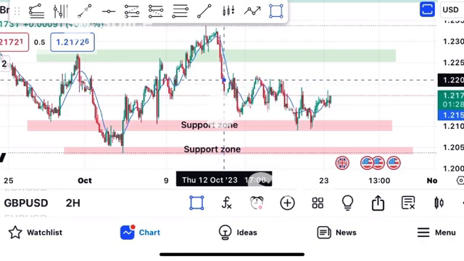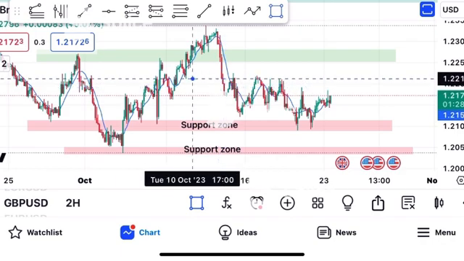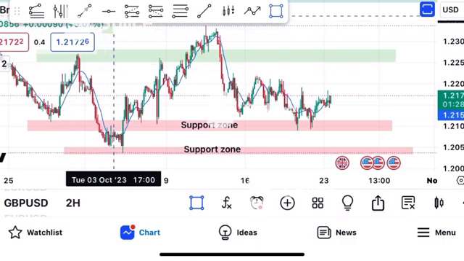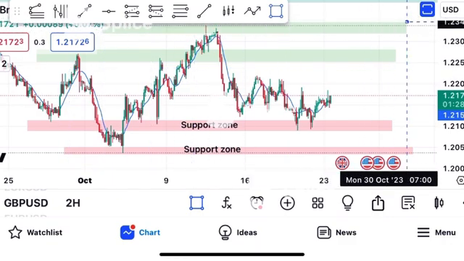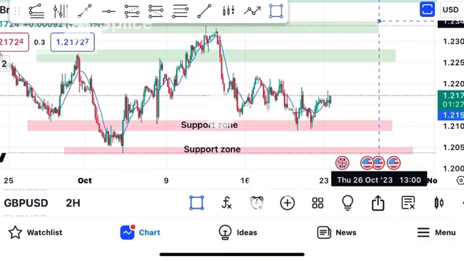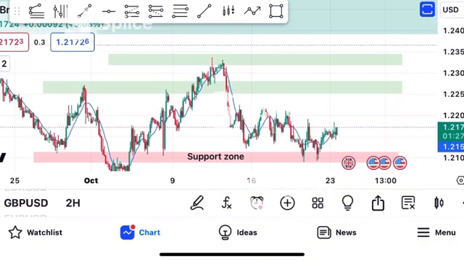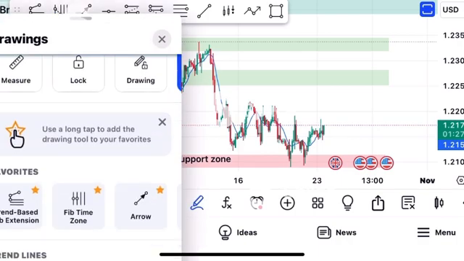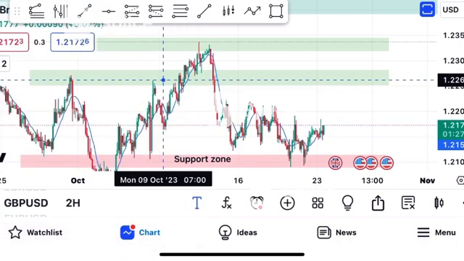So the other resistance zone should be here. So as you can see, we've identified the resistance zone.